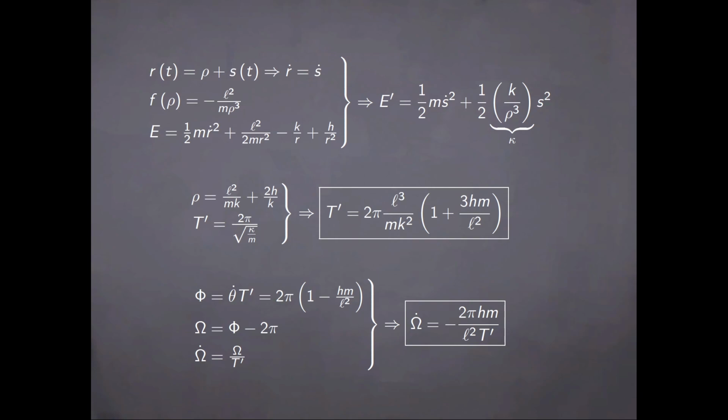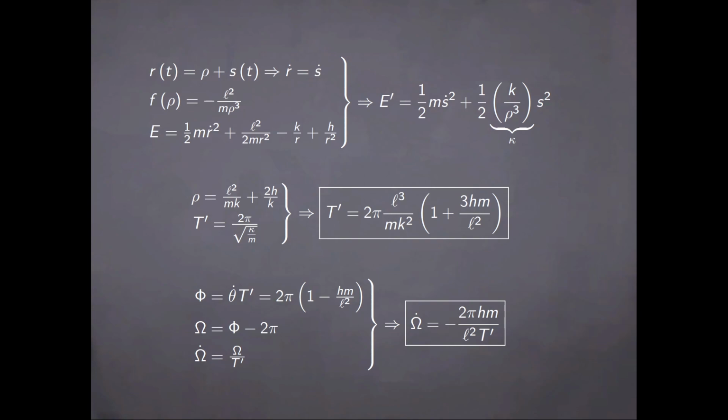And then from the value of the equilibrium radius rho, which is given here, and the definition of the period, we can calculate the period of small oscillations as being the quantity here.